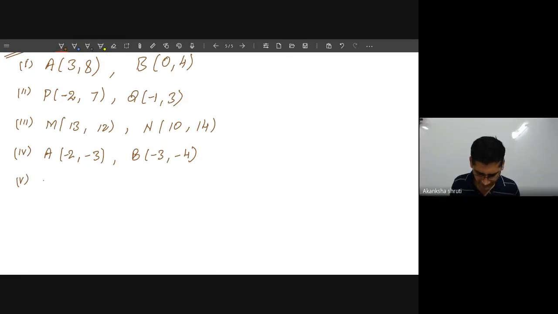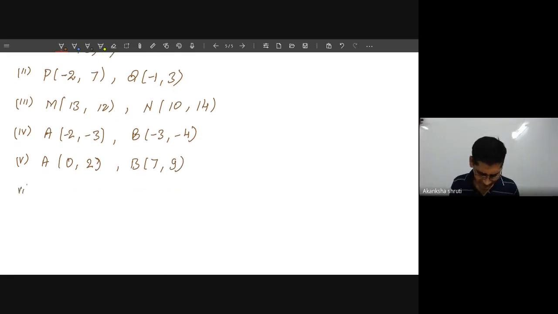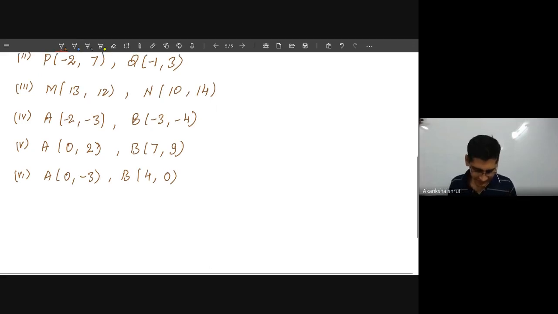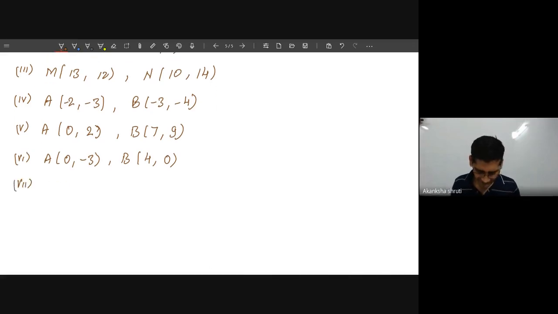The fifth one is A, 0, 2, and B, 7, 9. Sixth one, A, 0, -3, and B, 4, 0. The seventh one, say M, 0, -2, and N, 0, 0.